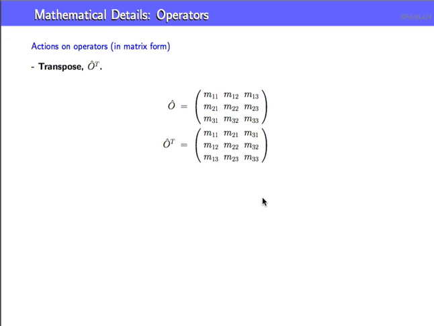The other way, in a more global sense, is to think of the transpose as flipping these around the diagonal. The diagonal does not change, because if you flip those indices, it doesn't change. But notice that M31 goes to M13 over here. So we've just done a mirror of the matrix about that diagonal.